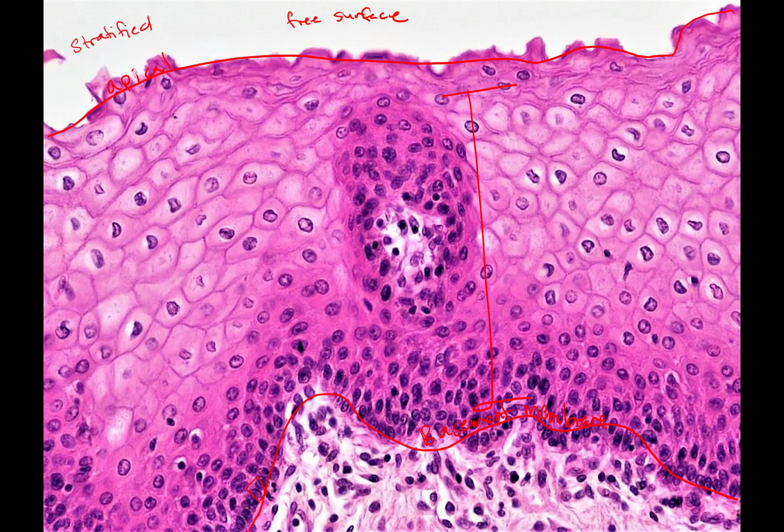But this is actually the apical layer because of the free surface. So the cells on top are the only cells that we use for the shape. In this case, they are flat looking cells, so I'm going to call that squamous. And of course, we add the term epithelial at the end. So the final name of this tissue is stratified squamous epithelial tissue.